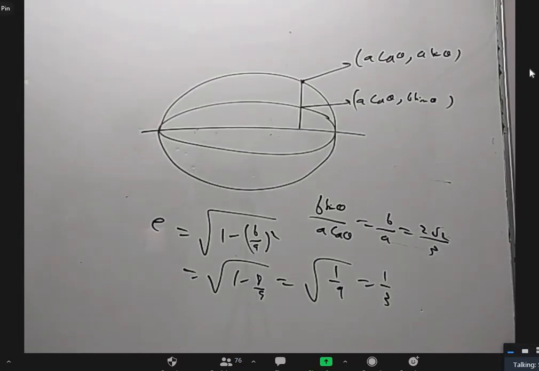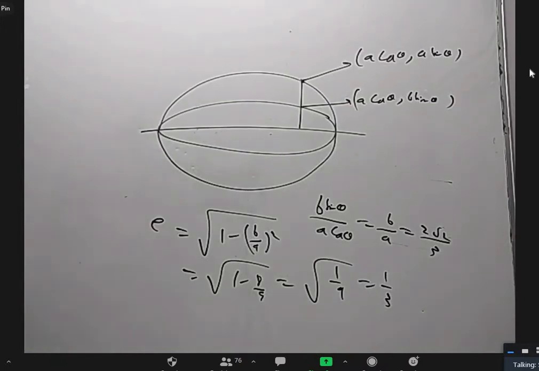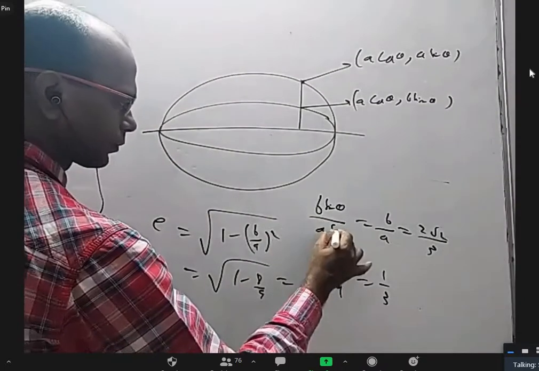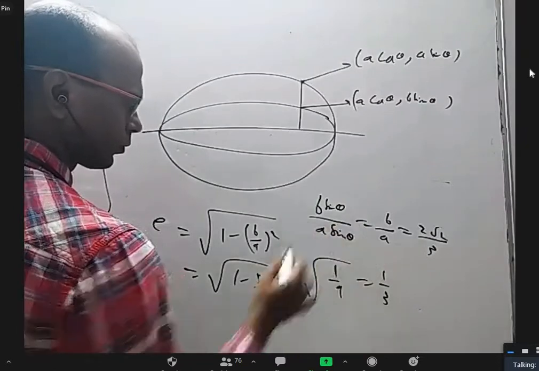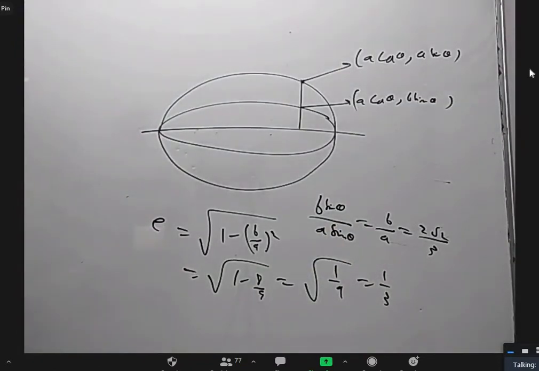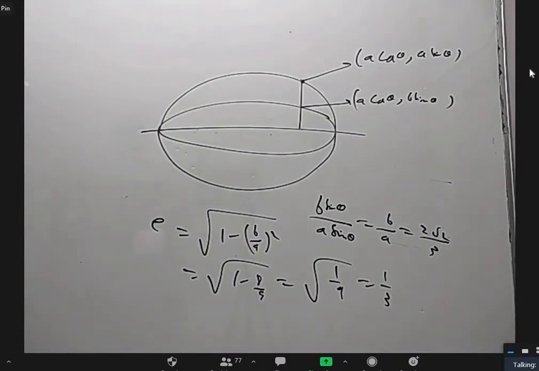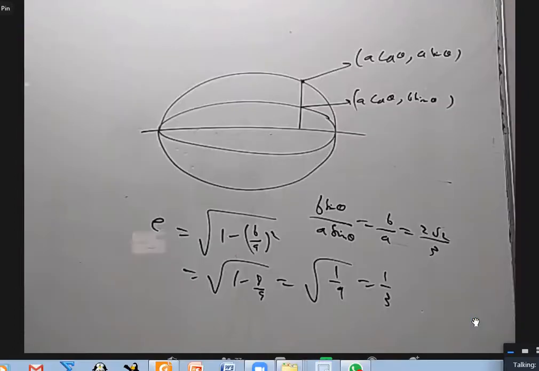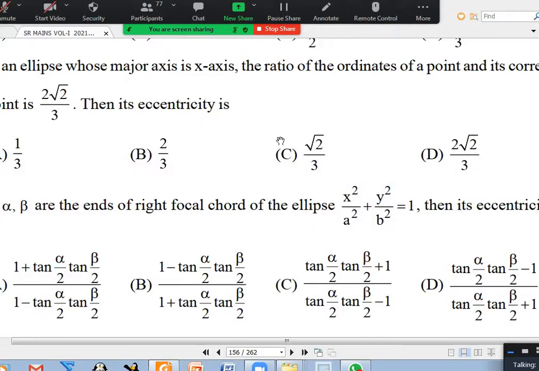Yeah, the denominator is not a cos theta, it is a sin theta. b sin theta by a sin theta. In fact, the very first question they asked about that corresponding point was in 40, 41.